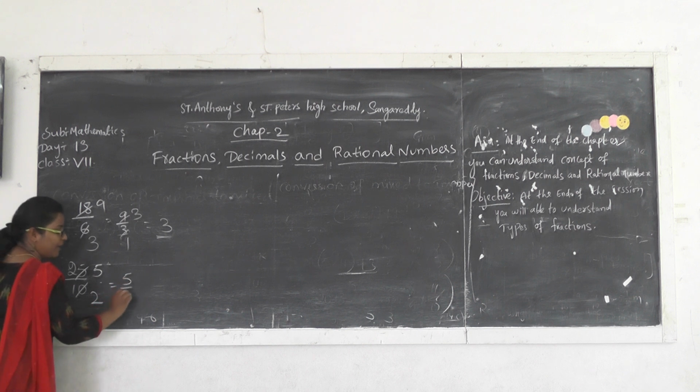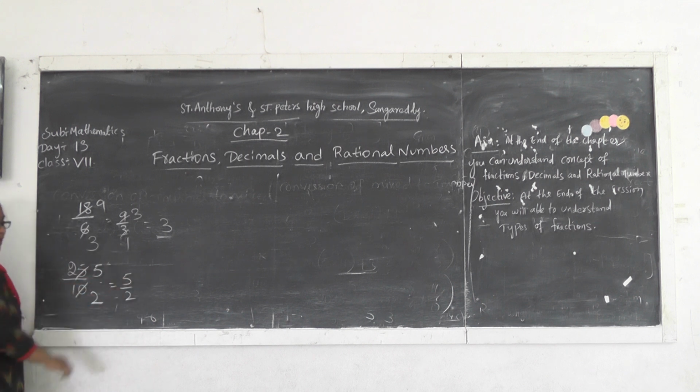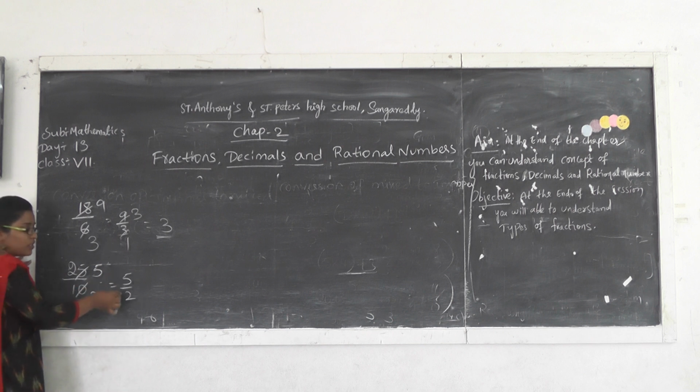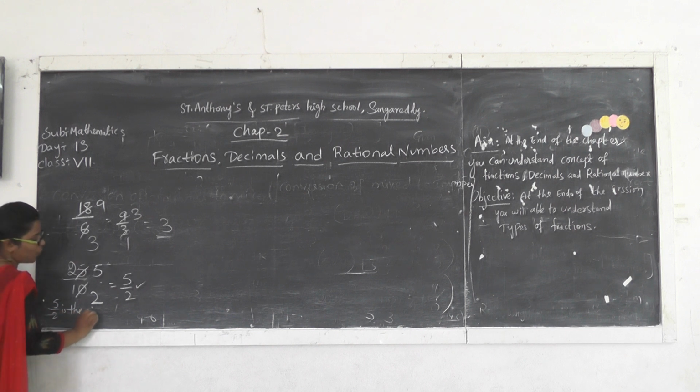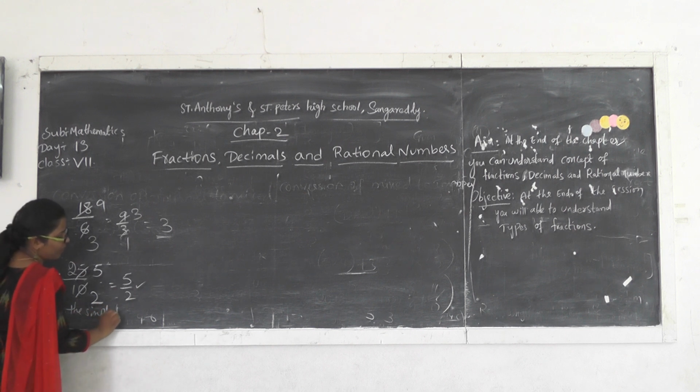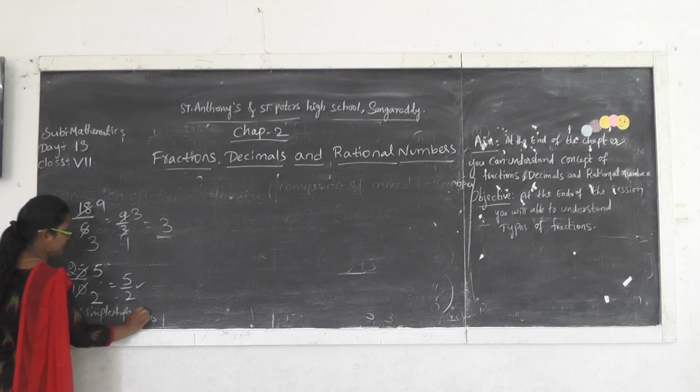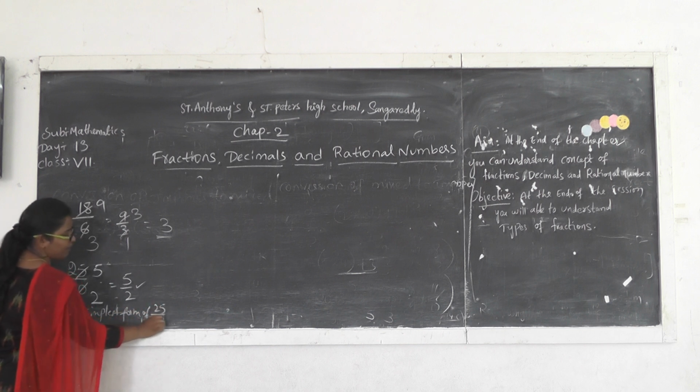Now write 5 by 2. Now observe both 5 by 2 and find whether there is any common factor other than 1. In the 2 table no, 3 no, 4 not possible, because these are co-prime numbers. So 5 by 2 is the simplest form of 25 by 10.